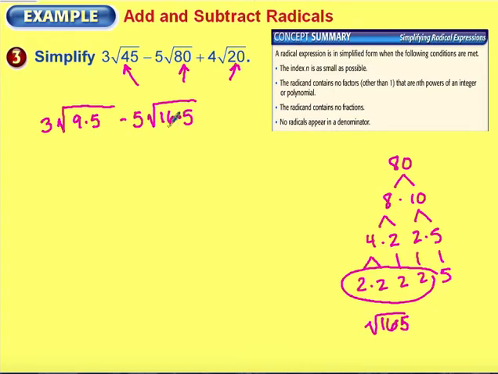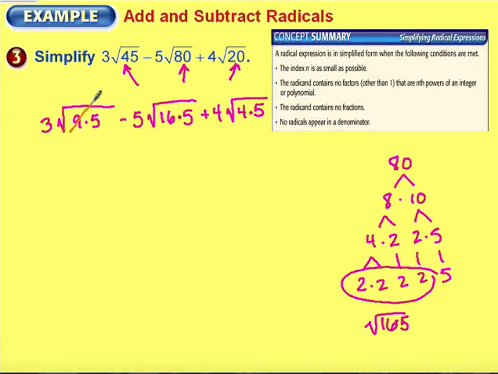And that's where I got those factors. Okay, so if you need to do that tree, just come over to the side and do your tree to get your perfect squares. So now I have the square root of 20, and I'm going to break that down into 4 and 5. Again, looking for these perfect squares.